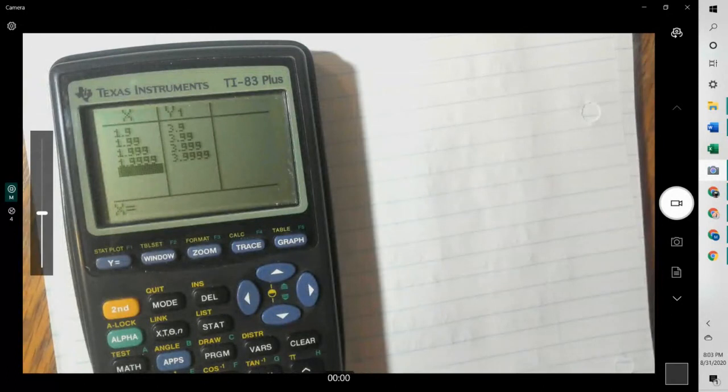Now, if we look at the graph, we want to plug it in. Let's put a window in, though. Let me graph it. -10, 10, -10, 10. So under y equals, make sure you put parentheses, x plus 5.